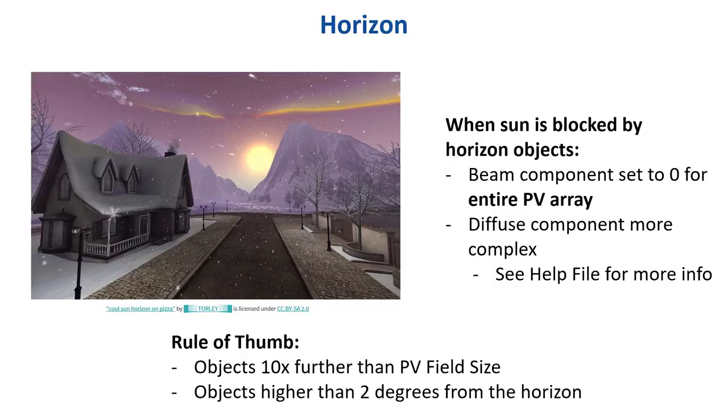For example, if a PV system spans 10 meters, then shading objects need to be at least 100 meters away. Furthermore, PVsyst ignores the situation for which the whole horizon line doesn't exceed a height of 2 degrees above the horizontal.